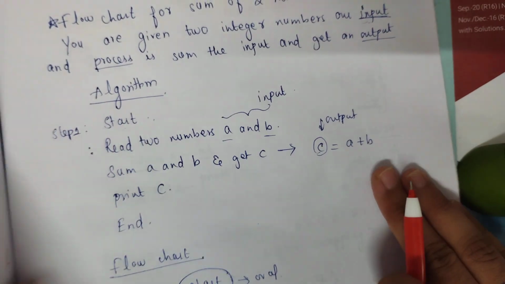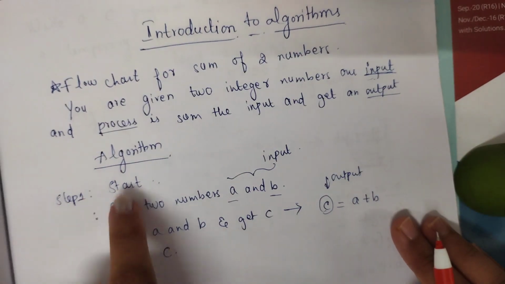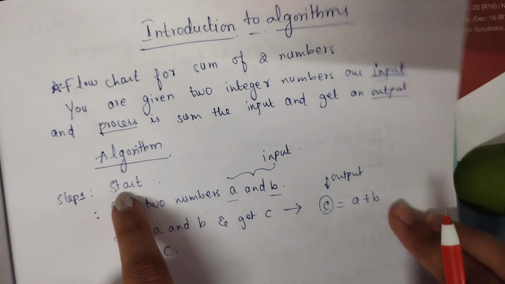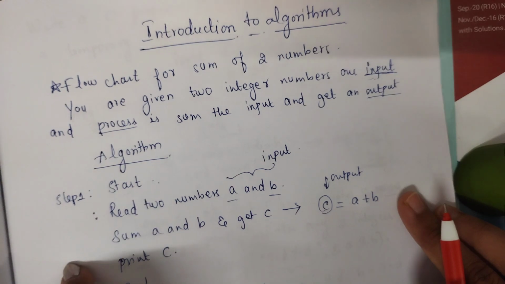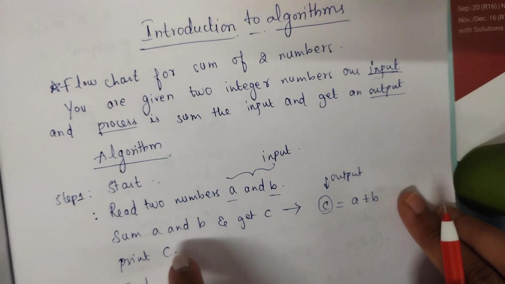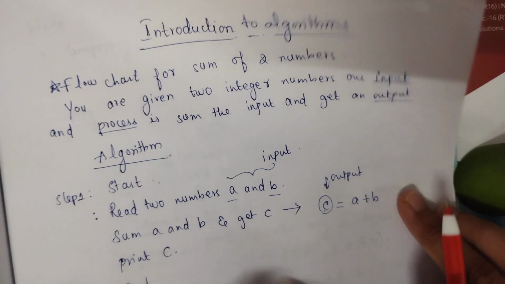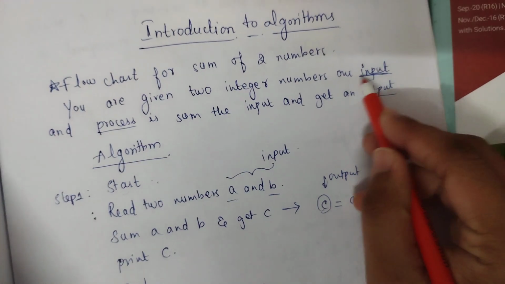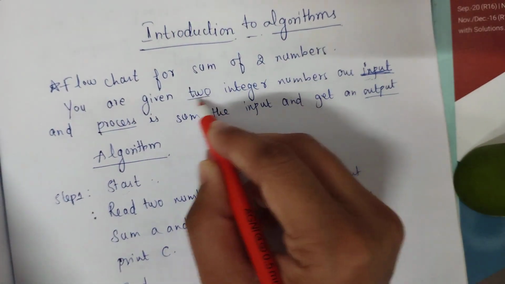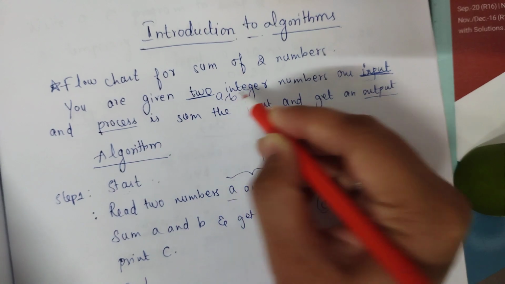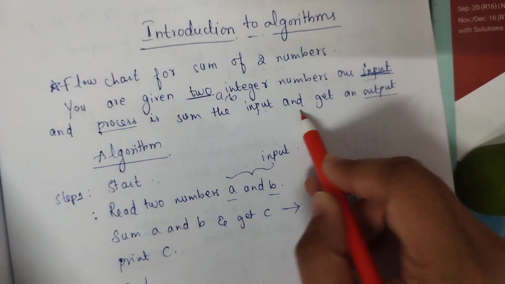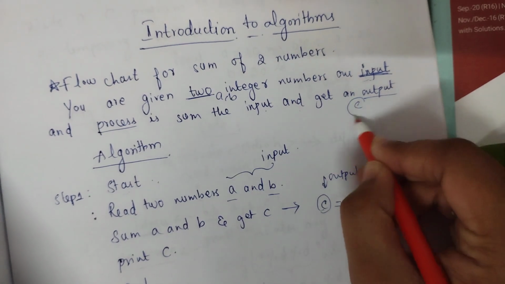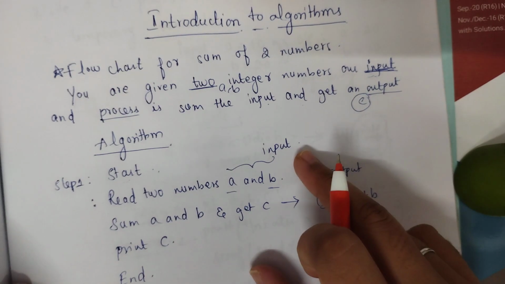Now our task is taking two integers a and b and getting an output C. So in this, we have input of two integers called a and b. Our process is to sum the inputs a and b and get an output C. For this, we are designing an algorithm.